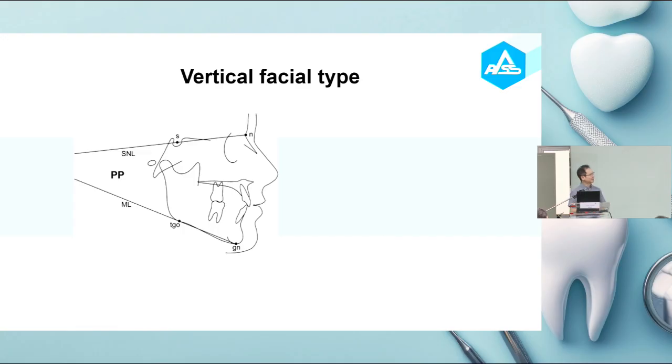Before we discuss how to open the overbite, let's say something about the vertical facial type. The vertical facial type can be divided into high angle, average angle, and low angle according to the mandibular plane angle.